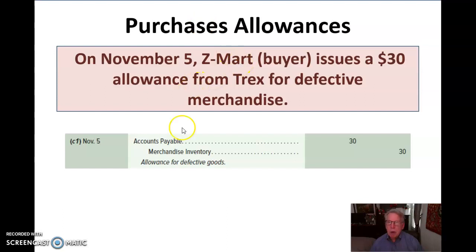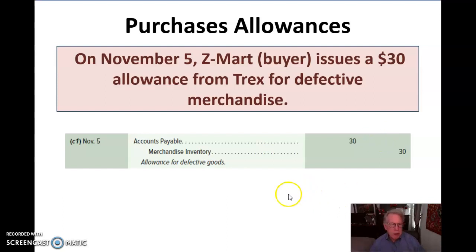If I get a purchase allowance, say a $30 allowance from TRC for this defective merchandise, very simply, I'm just going to reduce my accounts payable with a debit and reduce my inventory by that same amount. So that's how we would do that journal entry.